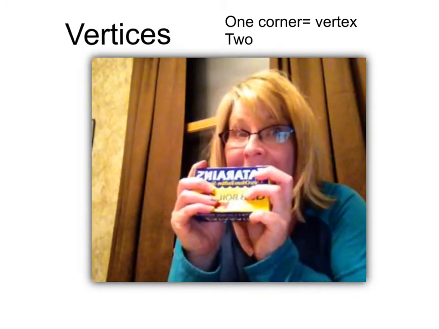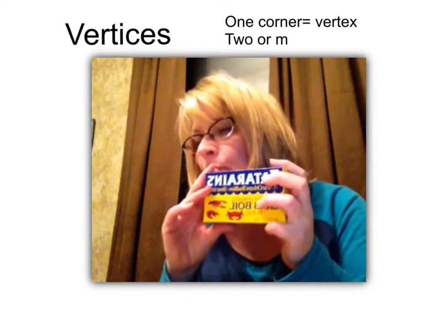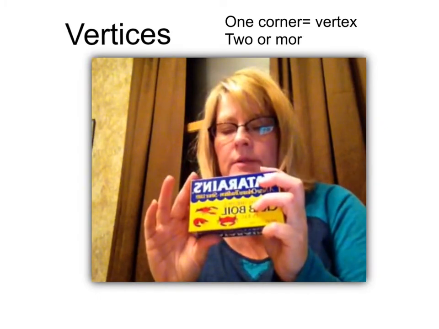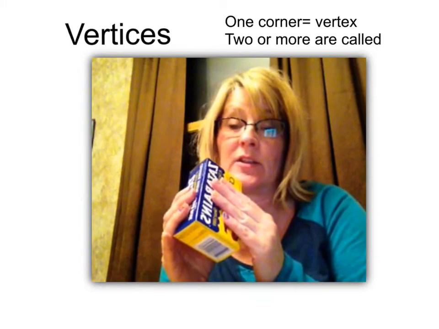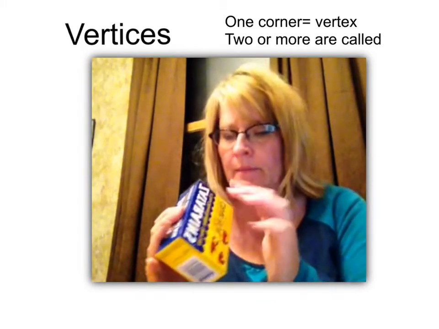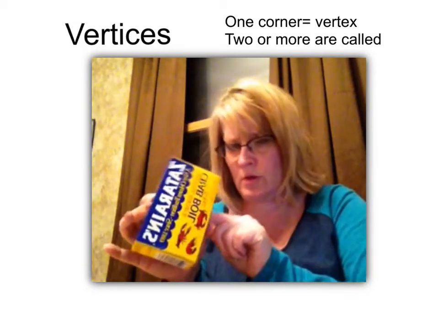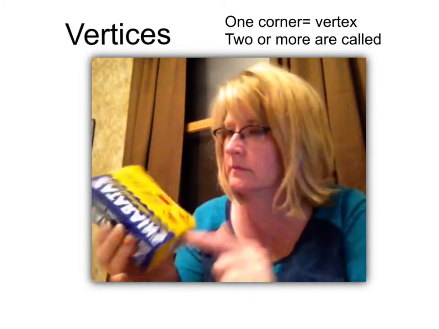I have mine. All right, so let's see. Can we count how many flat faces are on a rectangular prism? Go ahead. You and your partner count, and I'll do the same thing. 1, 2, 3, 4, 5. Are you counting? 6.